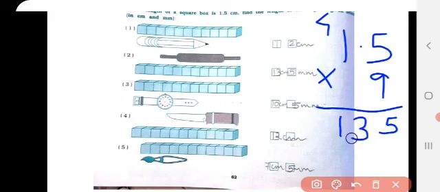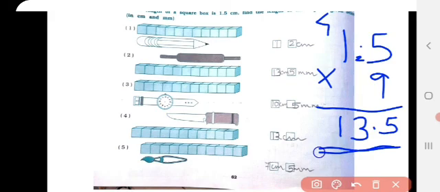So my answer is 135. But what about the decimal point I have in between 1 and 5? You can check it out. After the decimal point I have how many digits? 1. So in my answer, my last number is 5. So after counting 1, I will keep a decimal point. Here after the decimal point, I have only one number, that is 5. So counting 1. In the answer also you have to go with the same procedure.